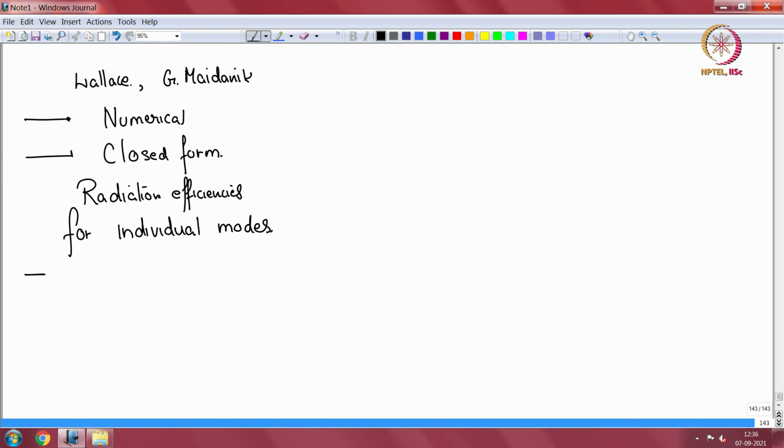Of course, finally, Majdanek gave an expression for modal averaged radiation efficiency.